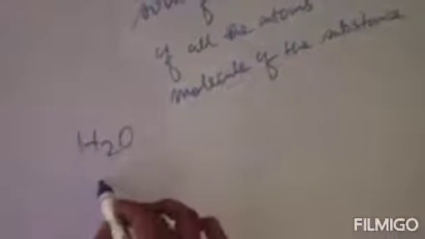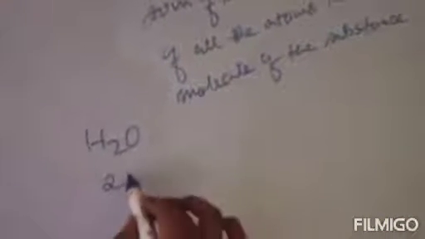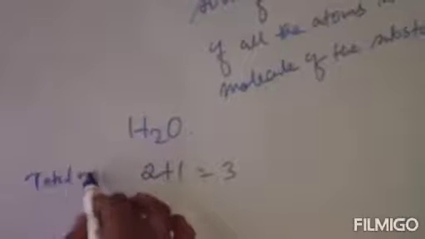There are two types of atoms present, hydrogen and oxygen, and the total number of atoms is 3, because the number of hydrogen atoms is 2 and the number of oxygen atoms is 1. That means the total number of atoms will be 3. So the molecular mass of H2O, or water, will be the sum of the atomic masses of hydrogen and oxygen.